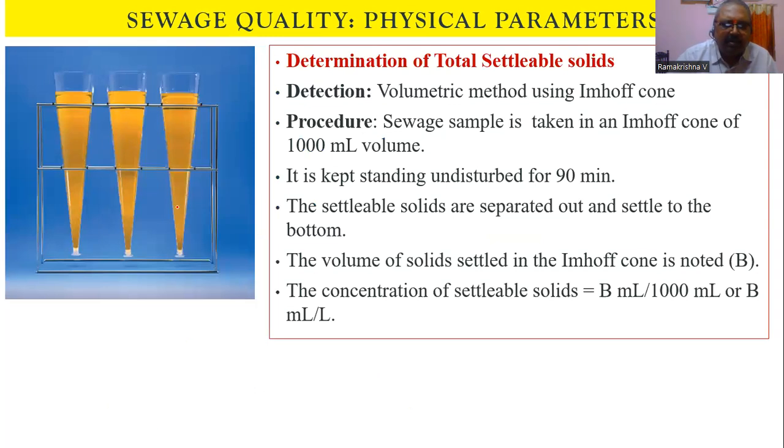So we are going to use an Imhoff cone. You can see this is a cone shape having a volume of 1 liter capacity, and the readings are starting from the bottom 0 to 1000 ml at the top.